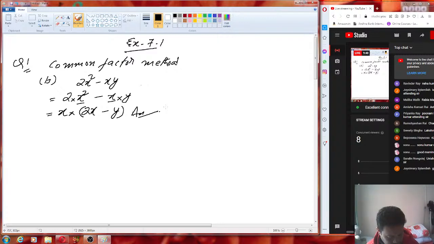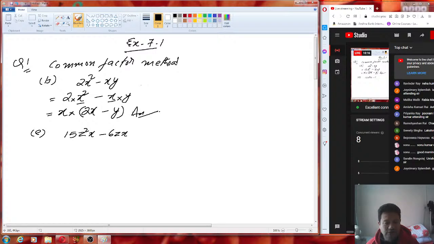So let's see some more. I will go for number E. In number E we get 15 z square x minus 6zx. These are the two terms of this expression.